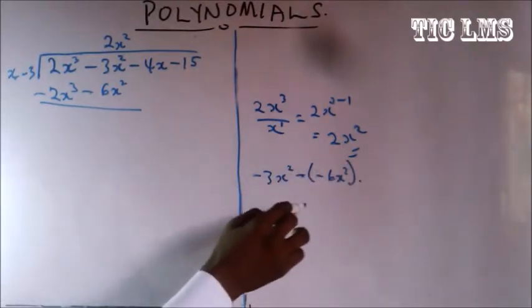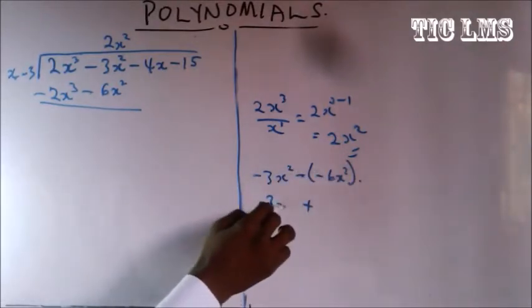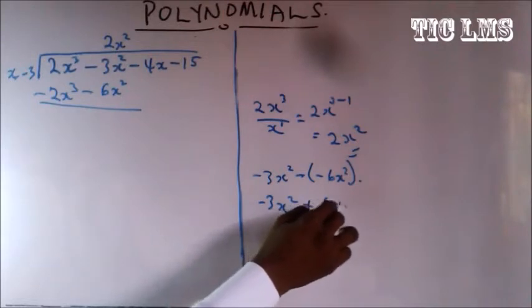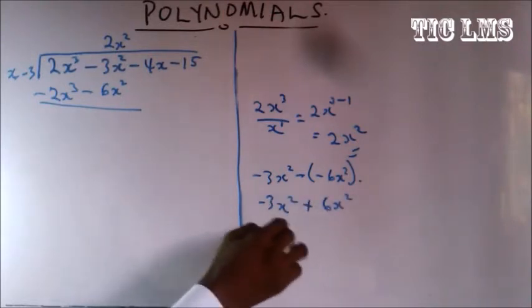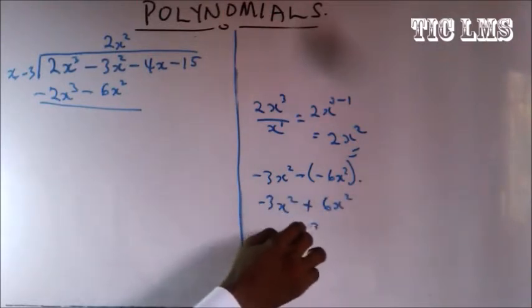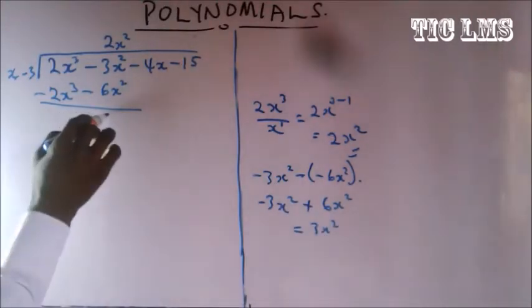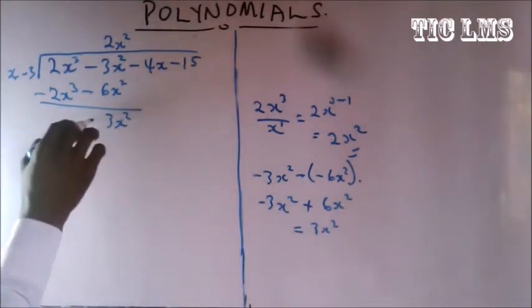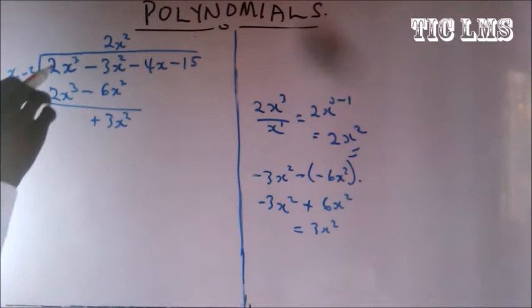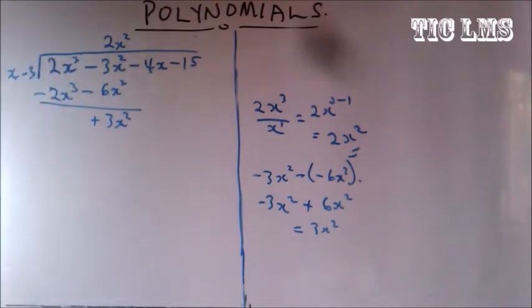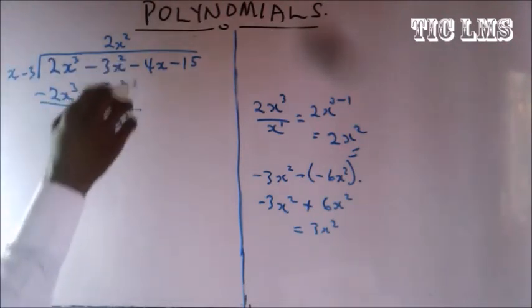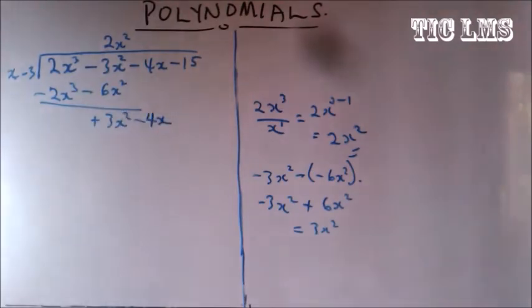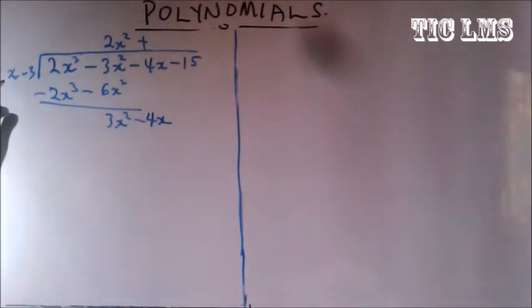Minus multiplies minus, we have plus. So we have minus 3x squared plus 6x squared. When we find the sum of this, we'll have 3x squared. So we have 3x squared left here, which is positive. And then 2x cubed minus 2x cubed is equal to 0. Next, we bring minus 4x down. Next is to say that x into 3x squared.